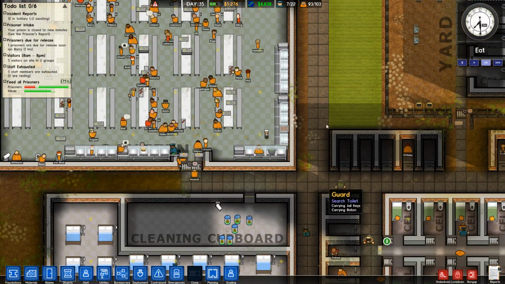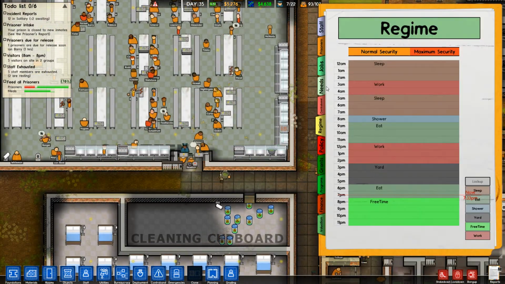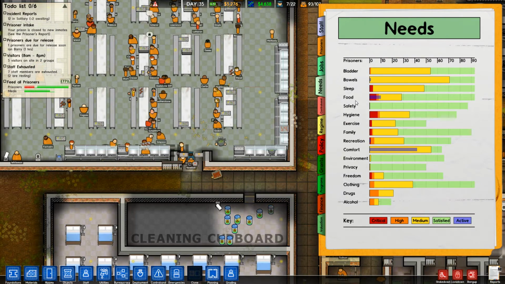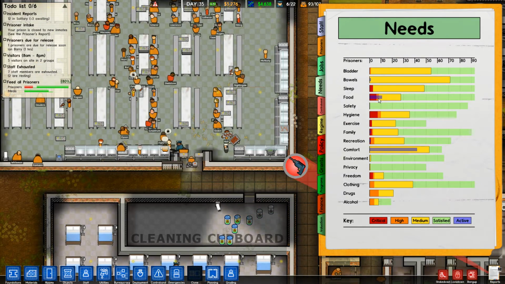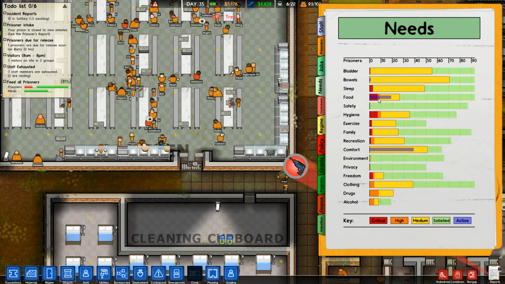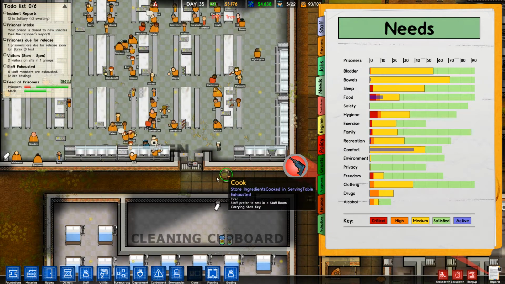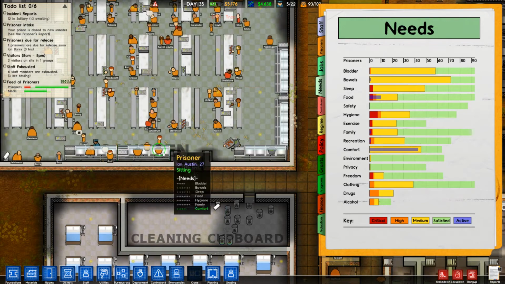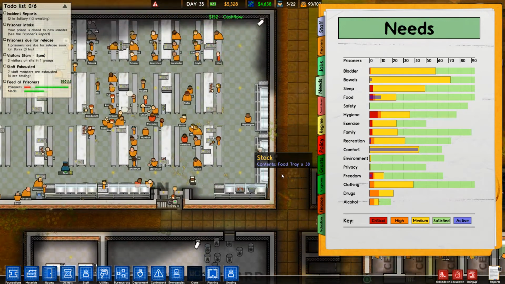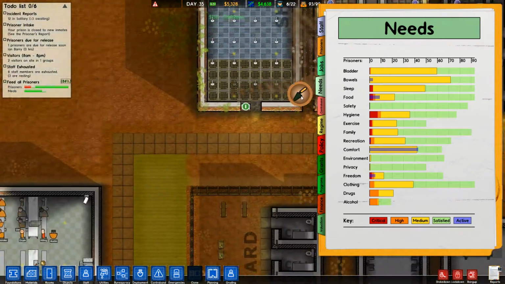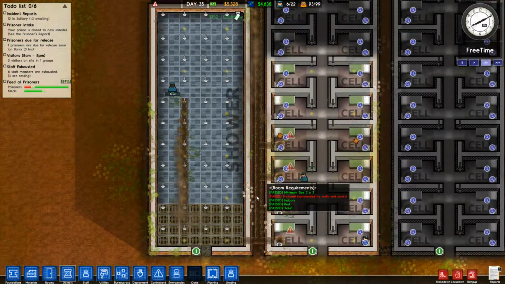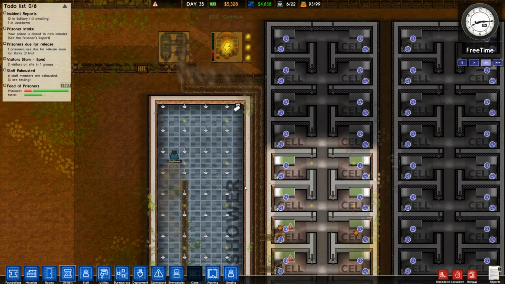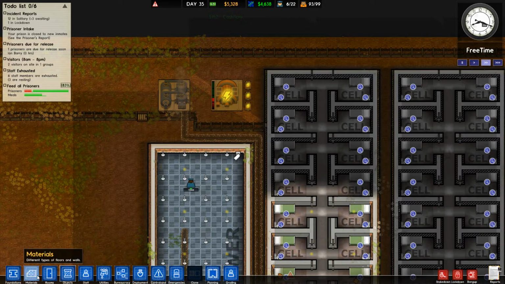They really want to get that food. Needs. Food is being worked on, but not fast enough. Here's another chef bringing in new meals. Some of these guys still look hungry. Holy hell. These guys were almost ready to get out of here.